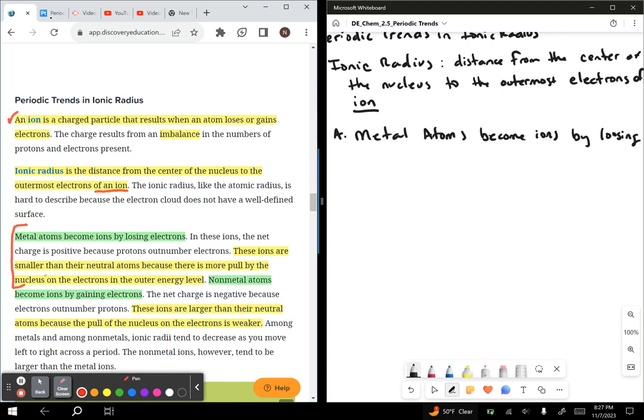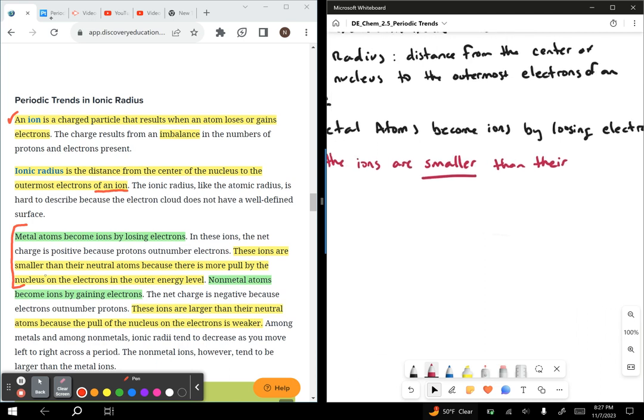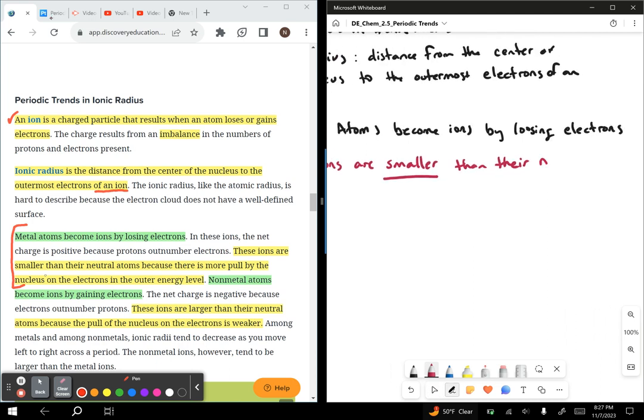Let's put a little star here because we're talking about size. The ions are smaller than their neutral atoms.